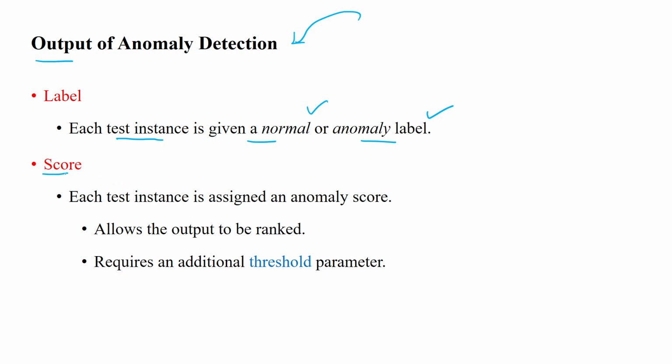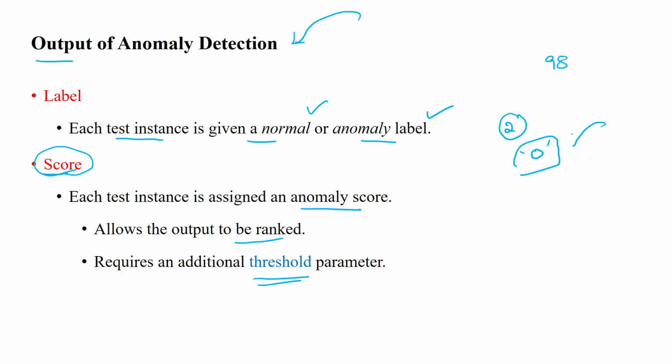Sometimes we may use score ranking. Here each test instance is assigned an anomaly score. Here we will use a ranking value, and for this we have to set some threshold value. For example, when you are making the mark statement or grades for 100 members, if only 2 members suddenly score 0, then those 2 members are different from the other group of 98 members.